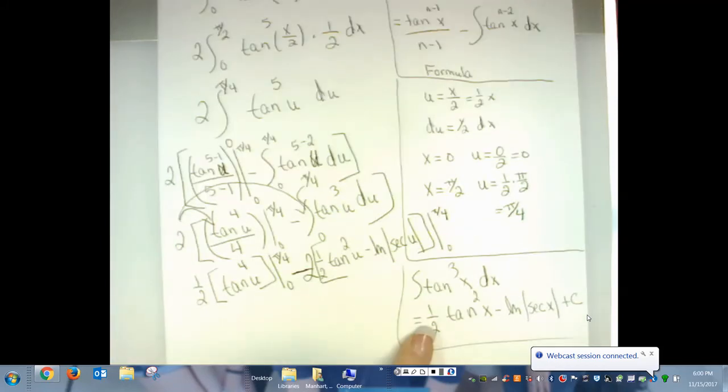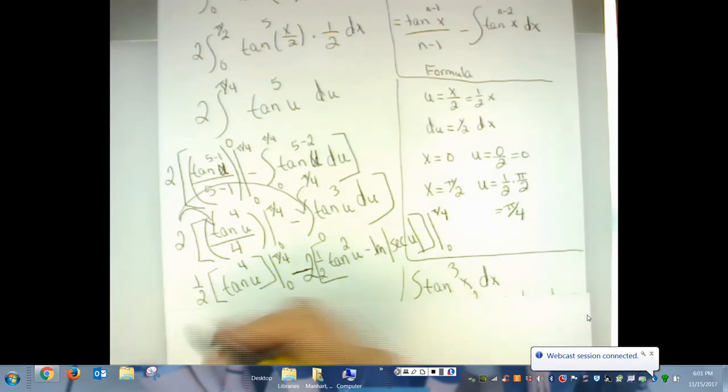Since the formula has the 1/2, I think I'll keep the 2 outside for the time being. So let me rewrite this. The algebra is very tricky.